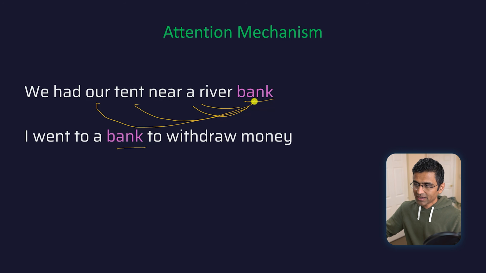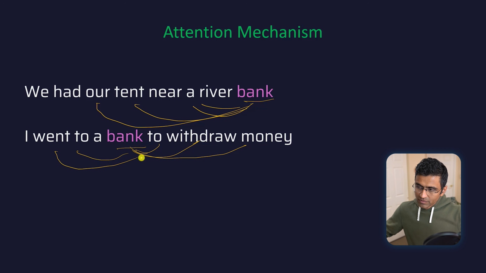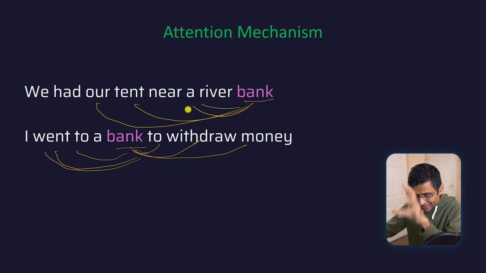So this bank in this sentence means the river bank. In this sentence it means the bank where you go to withdraw your money. This word will attend to all these different words, and the mechanism which makes that possible is called the attention mechanism. In my transformer video, I have explained there is a math behind it, but the attention mechanism is the fundamental component of transformer architecture.